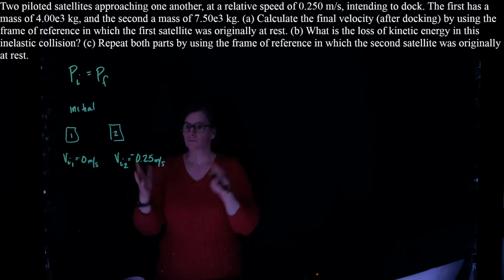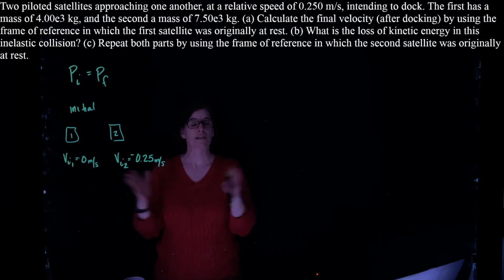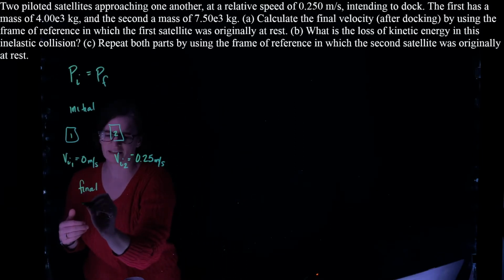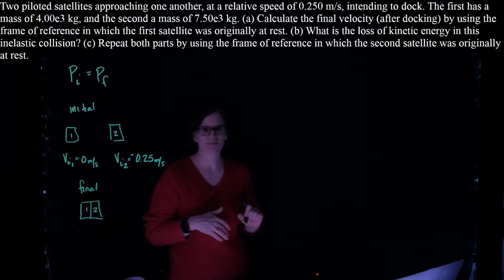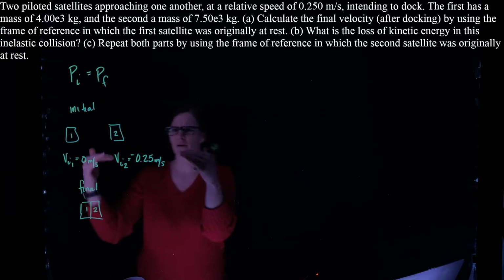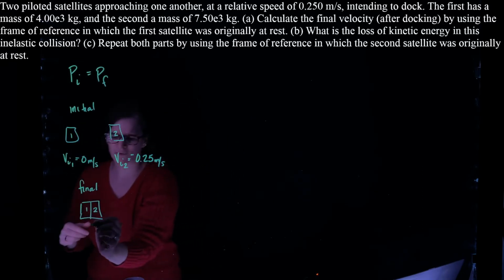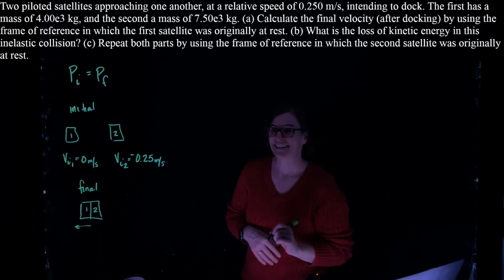The question is, what is the final velocity once these two dock together? Our final situation has these two satellites docking together and moving off. If this one's coming towards that one at rest, they're going to move off, so we predict that the final velocity is also going to be negative.